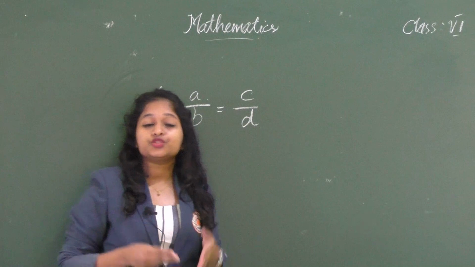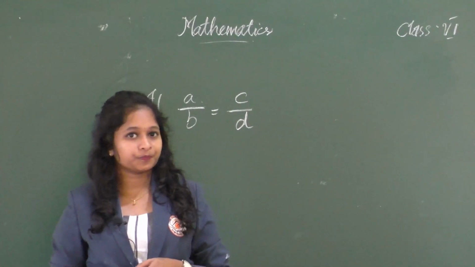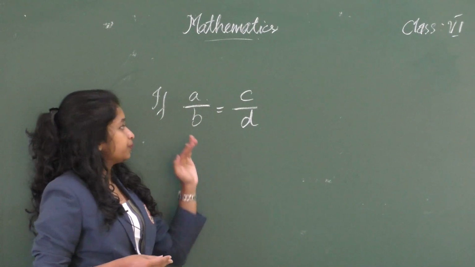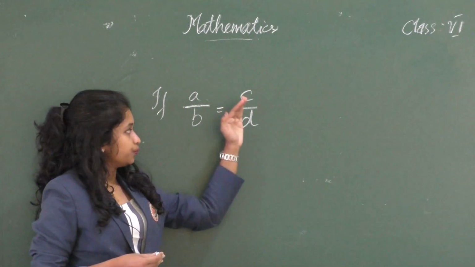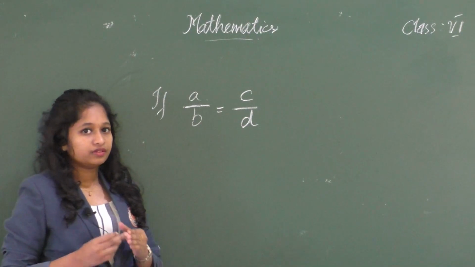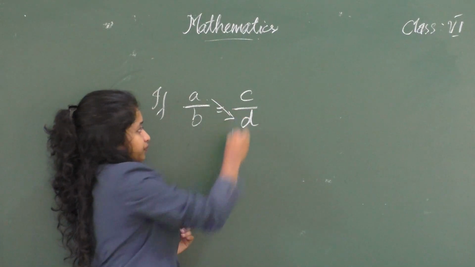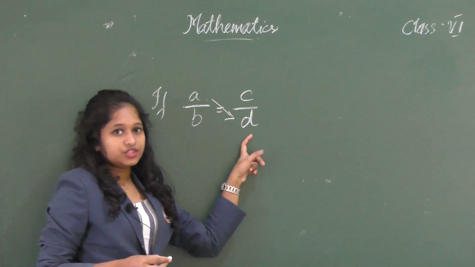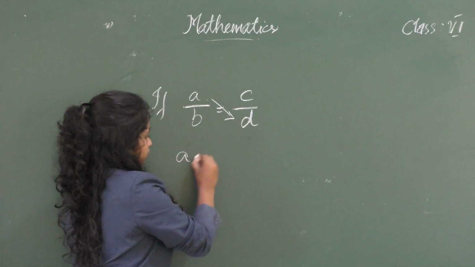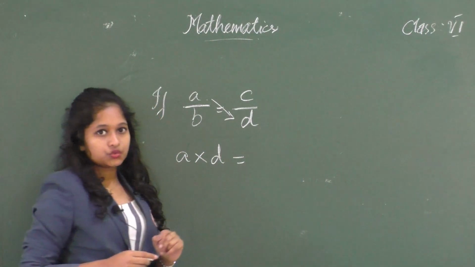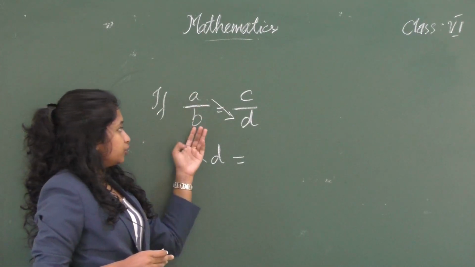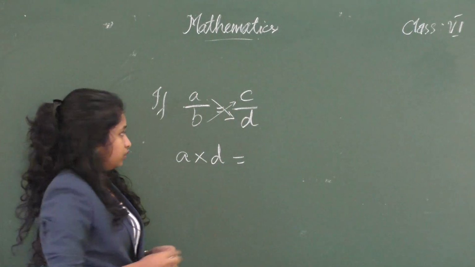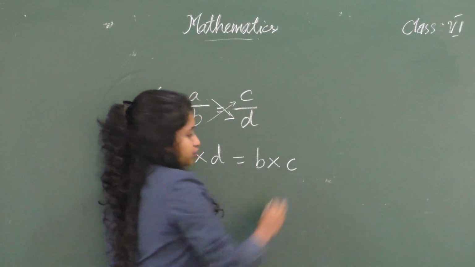So children, how to check equivalence of fractions? When two fractions are equivalent, for example, I have a by b equal to c by d, then the product of the numerator of the first fraction and the denominator of the second fraction will be equal to the product of the denominator of the first fraction and the numerator of the second one, that is b into c.